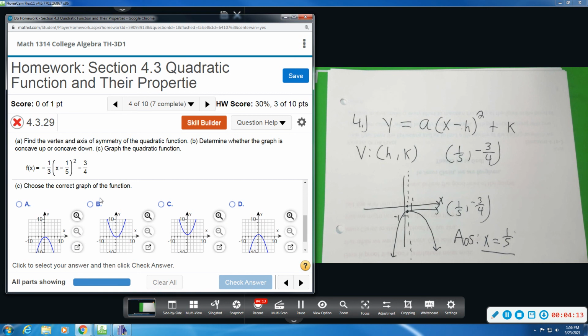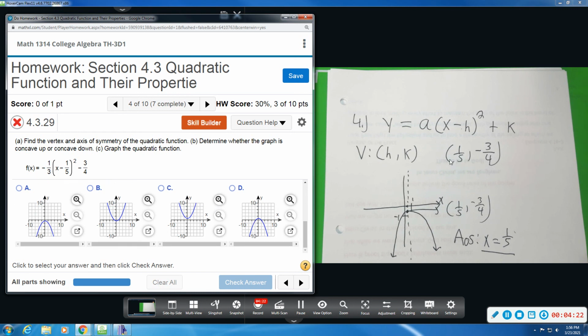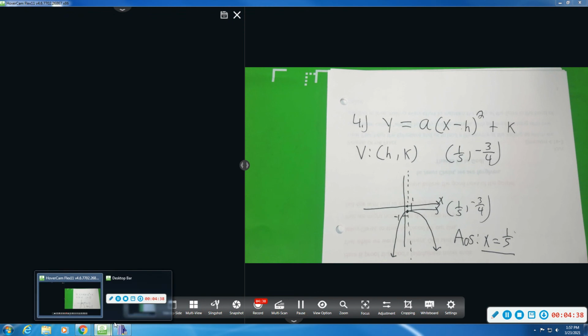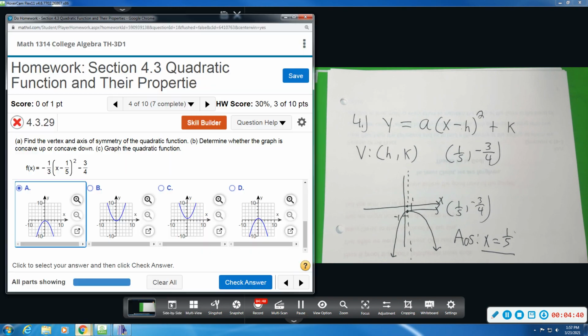So we know it's going down, so that's going to give us A or D. And out of A or D, we know that our graph got shifted down because of the negative 3/4. So it should be below the x-axis. And A is below, B or D is above. So A is the one that we would want. You can also graph it if you wanted to. But that's all we need to do here.